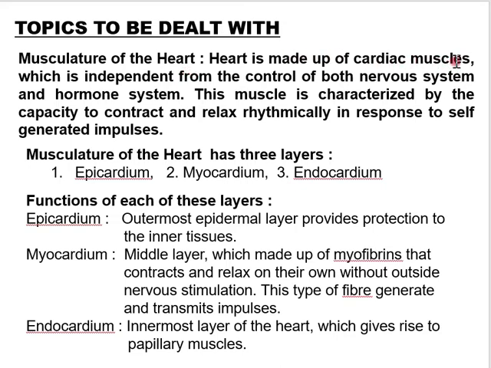As you know, it is the third category of muscle tissue, and it is branched and striated, so that it works untiringly. It also contains myofibrils, which are independent of the control of both the nervous system and the hormone system. These cardiac muscles also contain another tissue fiber which is free from nervous system and hormone system control.